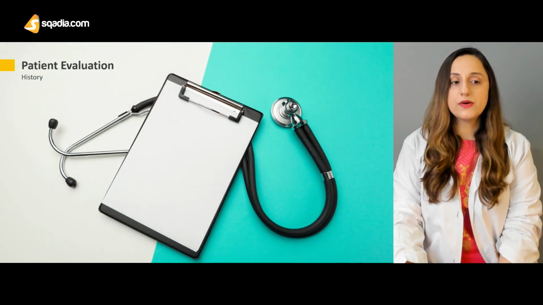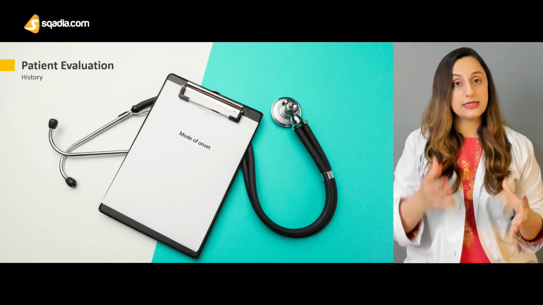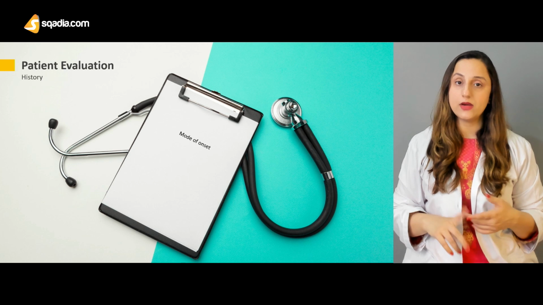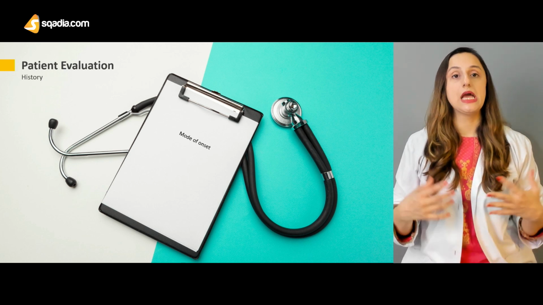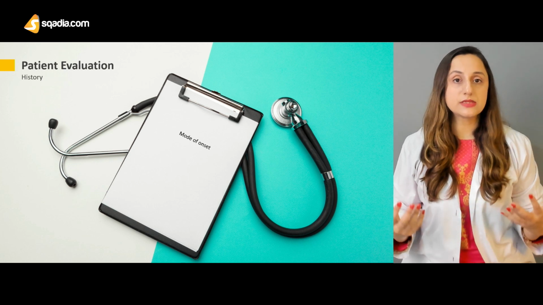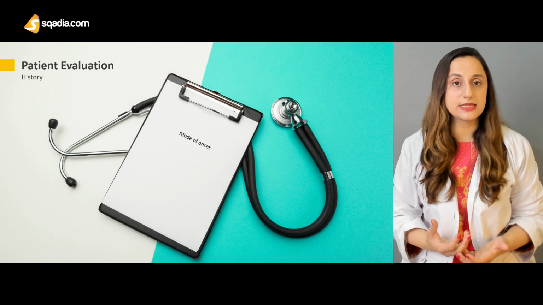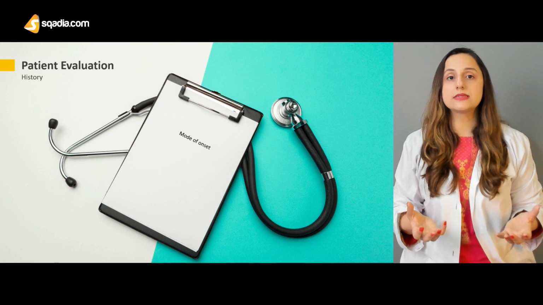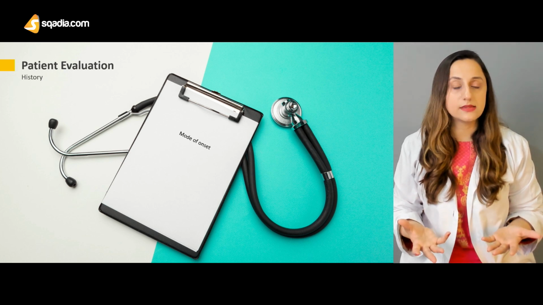So, starting off with the key points in the history. The mode of onset: whatever the signs and symptoms are, if it's focusing on the memory or the motor complexes or the cognitive behavioral changes, you're going to see what the associated symptoms are and how they developed. Whether it was a gradual onset or a steep onset in the individual.